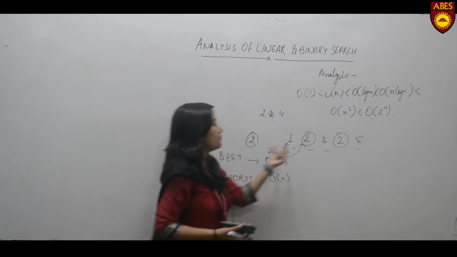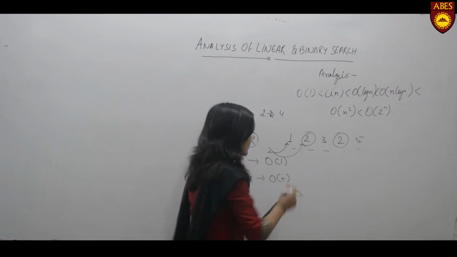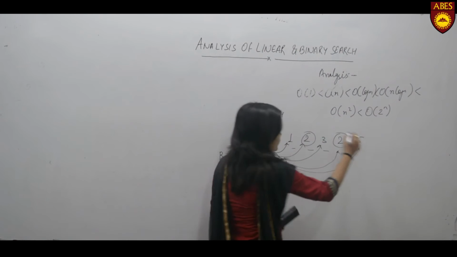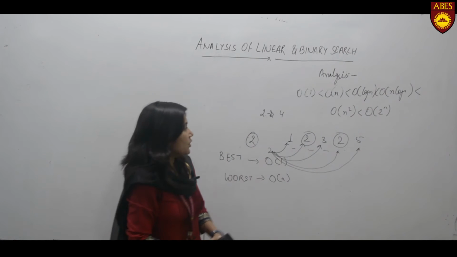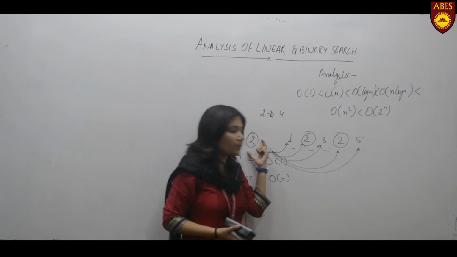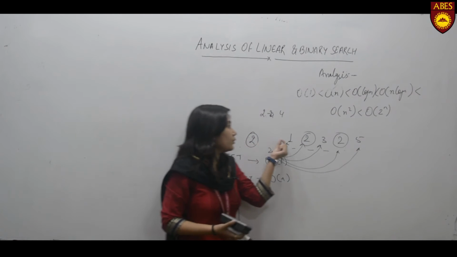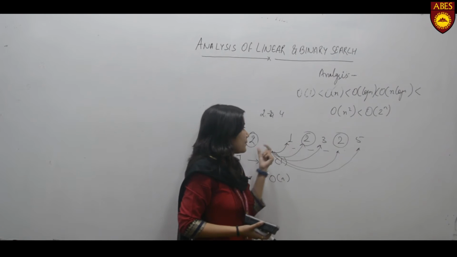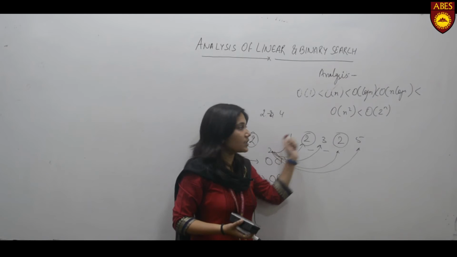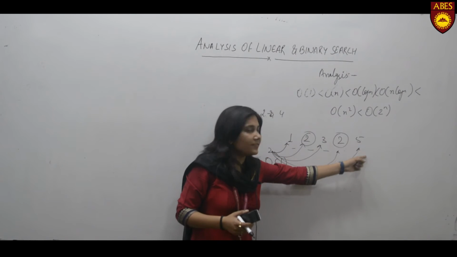But this time we need to search this element throughout the array. So we are traversing the whole array. If this is an array of 5 elements, to find this particular element we have to compare this element with each and every number present in the array. It means it is taking, let's say, 5 seconds of time.